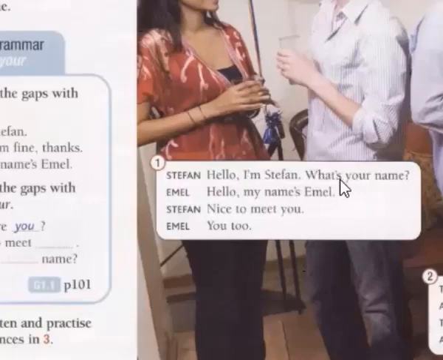So if you are talking to someone face to face and asking this person about his or her name, you can use your. Your name means the name that belongs to you. Okay? So here to recap, we learned how to say our names and how to ask about someone else's name.